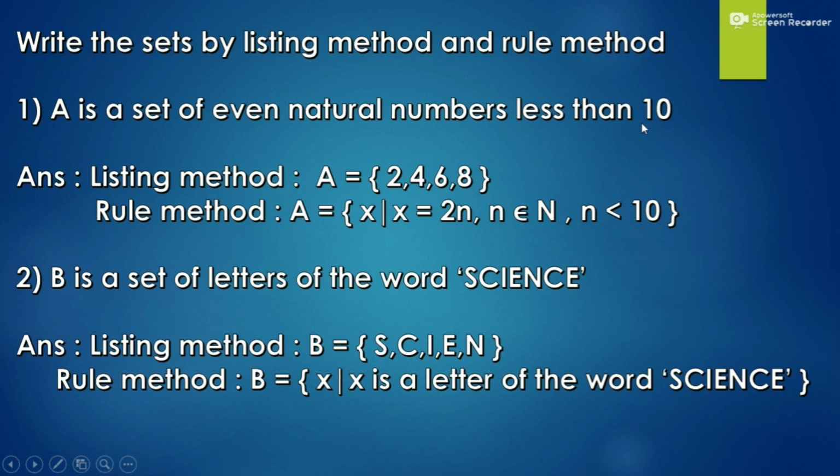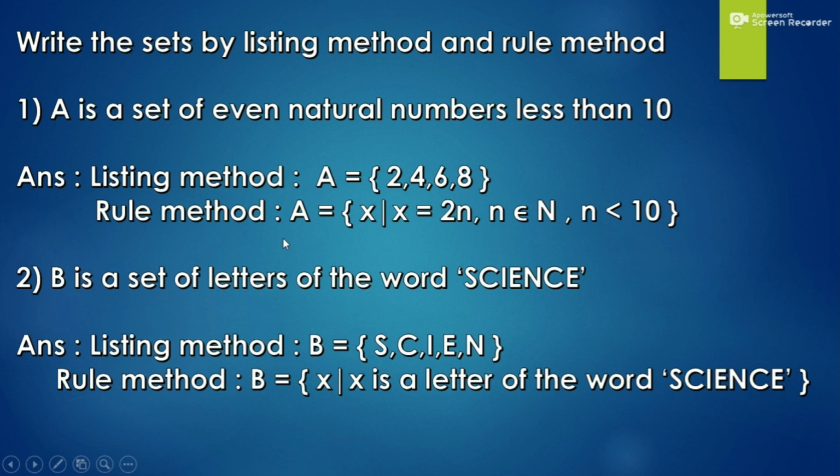Here it is less than 10, that means 10 is not included in this set. Therefore we can't take 10 in the set A, because the question is natural numbers less than 10. So 2, 4, 6, 8.